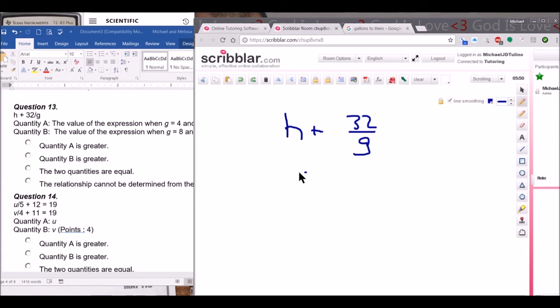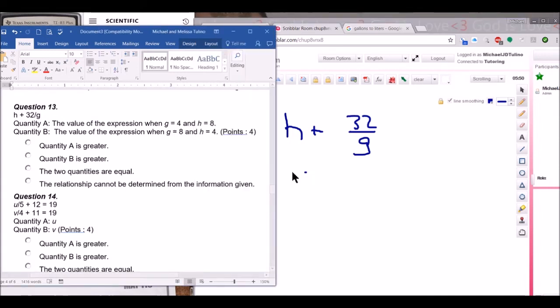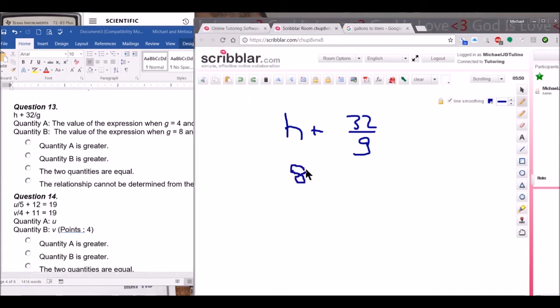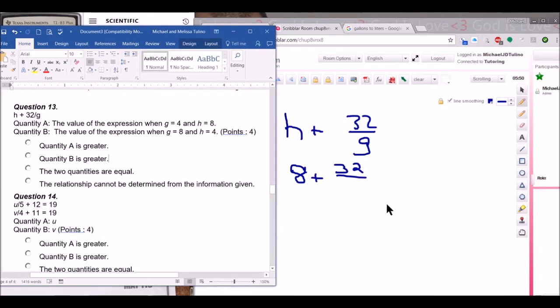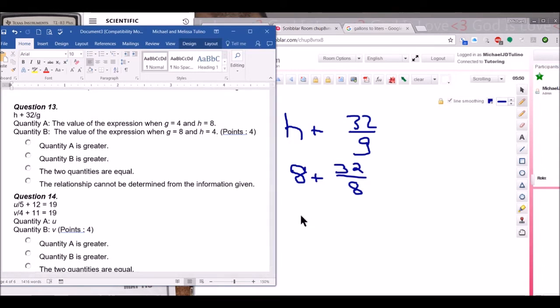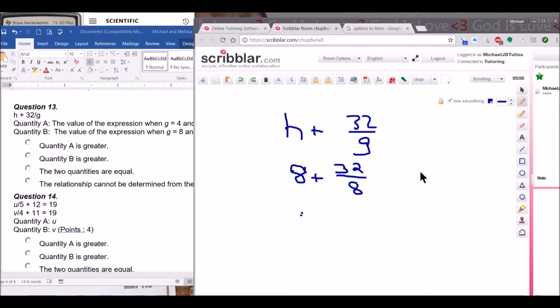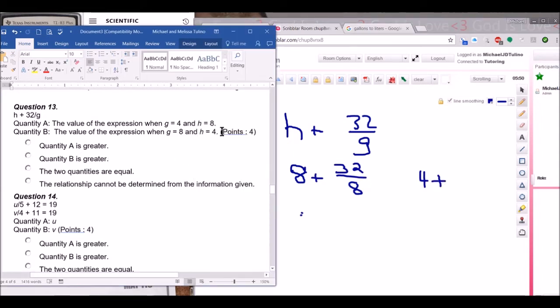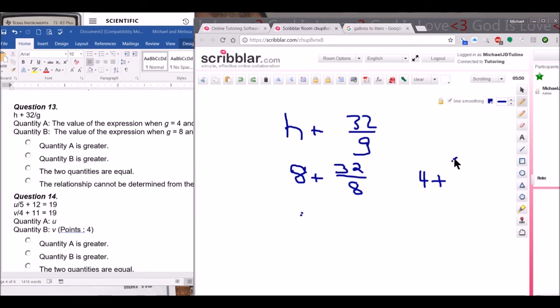If h is 8 in this one, we have 8 plus 32 over the g of 4. And then the second one, 4 is the h this time, versus 4 plus, let's see here, the g is 8, so 32 over 8.